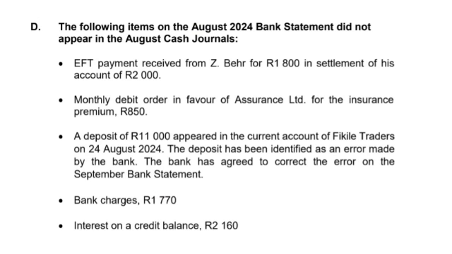And then the third one says a deposit of 11,000 appeared in the current account of Figile Traders on 24 August 2024. The deposit has been identified as an error made by the bank. The bank has agreed to correct the error on the September bank statement. This amount is not a mistake in our cash journals, so we are not going to correct it in our cash journals.